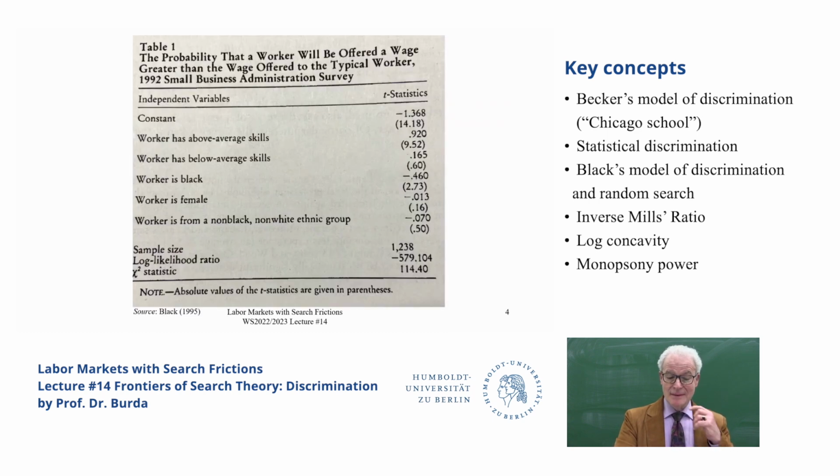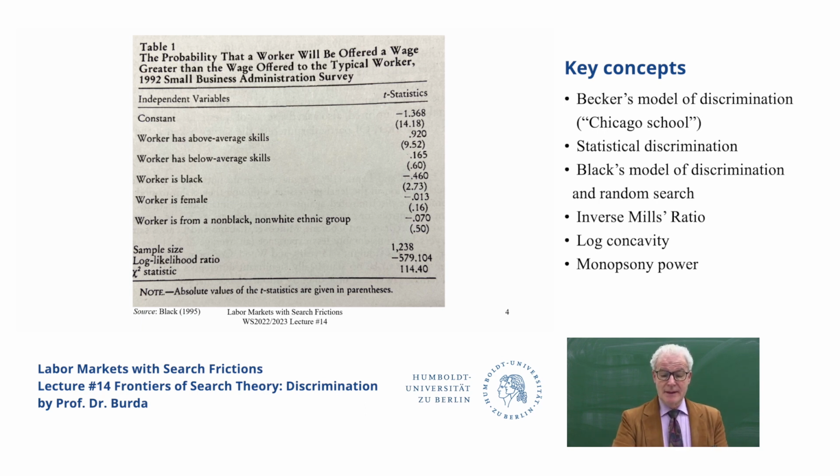So the underlying phenomenon is the fact that we observe something that looks like discrimination. Okay, so this is from Black's paper in 1995 in the Journal of Labor Economics.